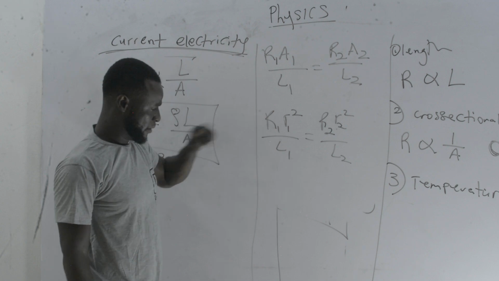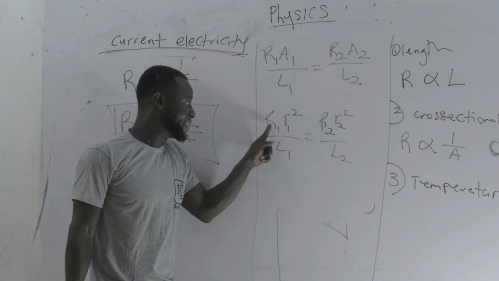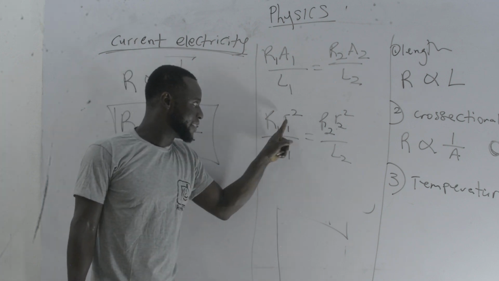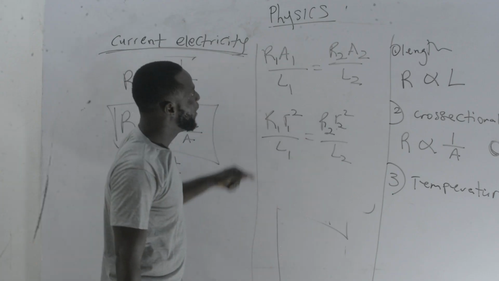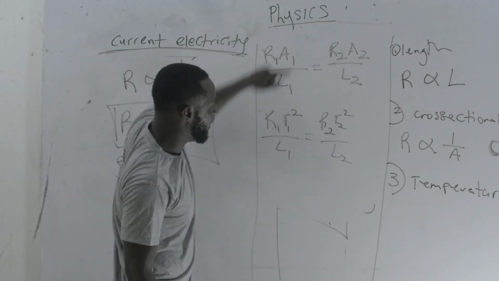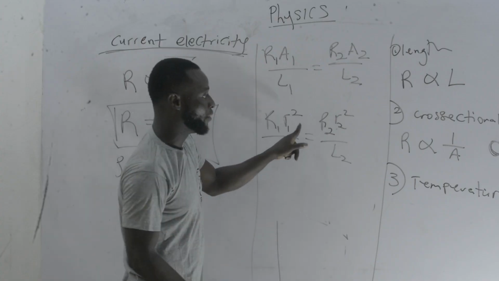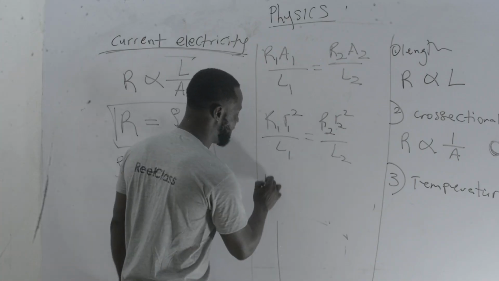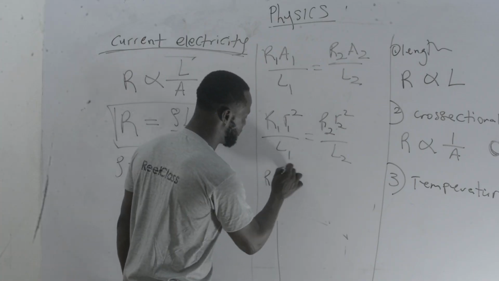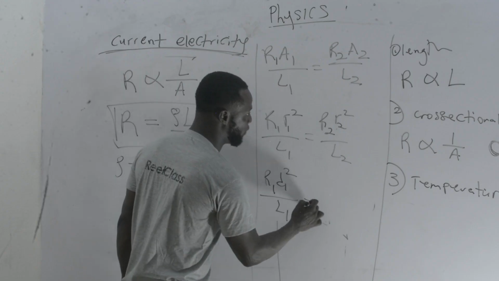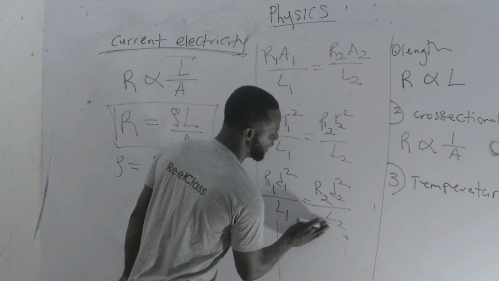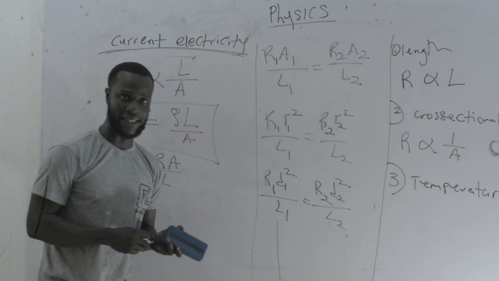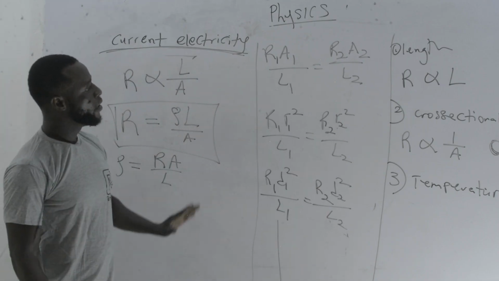Here, this capital letter R is standing for resistance, but this small letter r is standing for the radius of the wire. A is standing for the area of the wire. I can also say that R1 D1 squared over L1 is equal to R2 D2 squared over L2. Here, D is the diameter of the wire.